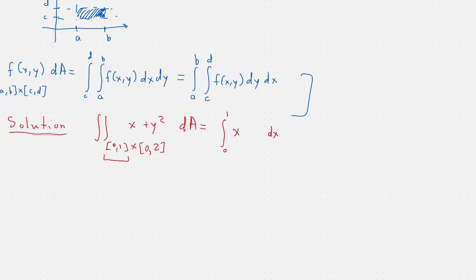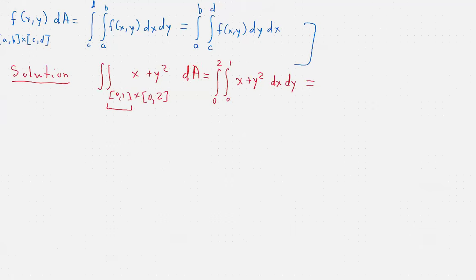And I carry out the first integration as if y was a constant. So what would the antiderivative be? x squared over 2 plus the constant y squared times x. If you had 7, the antiderivative would be 7x. You have y squared, the antiderivative is y squared times x. And here this will go from 0 to 1. What sometimes people do is they write from x equals 0 to x equals 1.